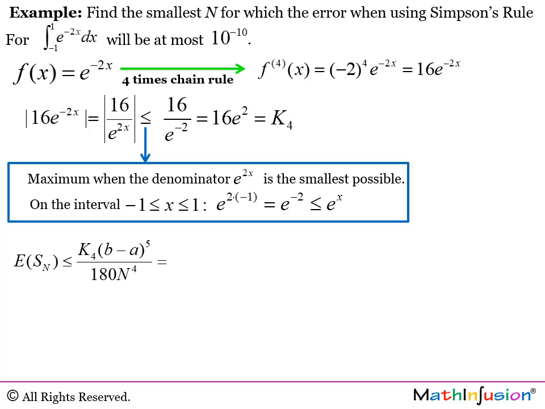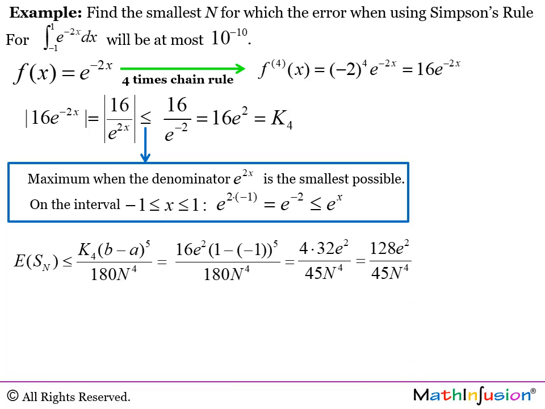Here's the setup. B is 1, a is -1, and k sub 4 is 16e to the power of 2. Get that. And that, just calculations. And I want this to be less than or equal to 10 to the power of -10.